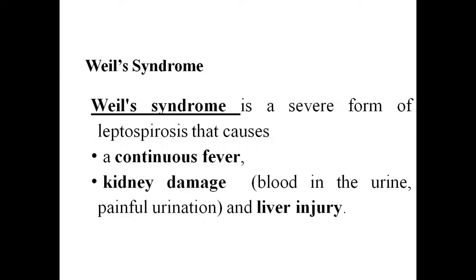One of the most severe clinical manifestations of leptospirosis is called Weil's syndrome. Weil's syndrome is a severe form of leptospirosis that causes continuous fever, long fever, kidney damage, so we can see blood in the urine and painful urination, and liver injury.